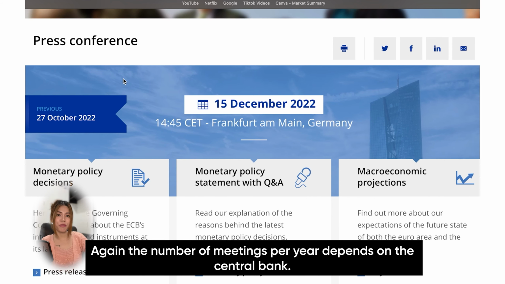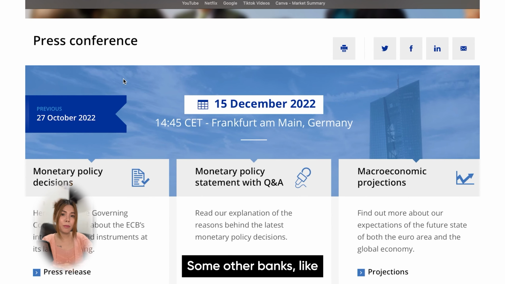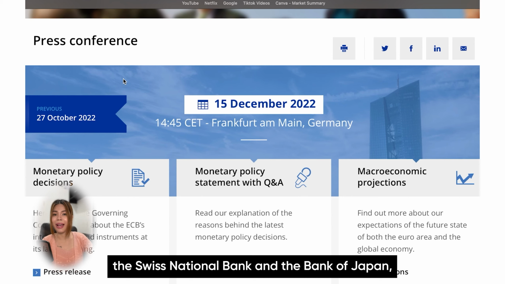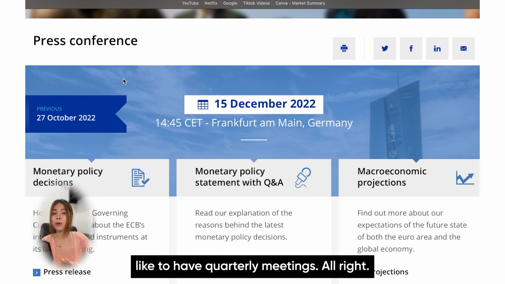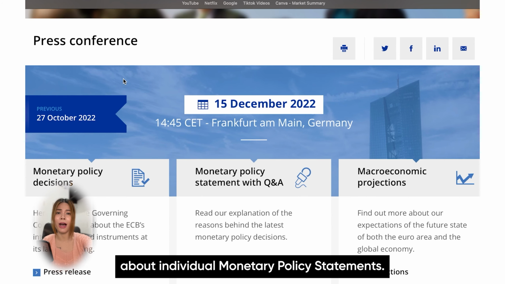Again, the number of meetings per year depends on the central bank. So for example, the FOMC meets 8 times a year. Some other banks like for example, the Swiss National Bank and the Bank of Japan like to have a quarterly meeting. Alright, I think I pretty much discussed everything about individual monetary policy statements.